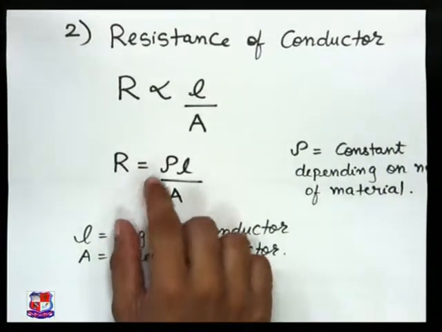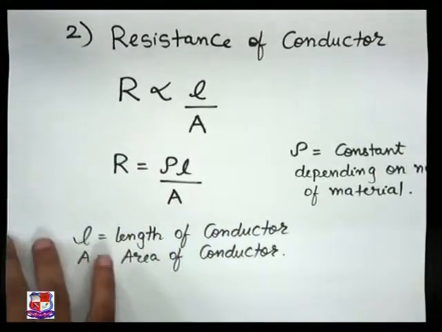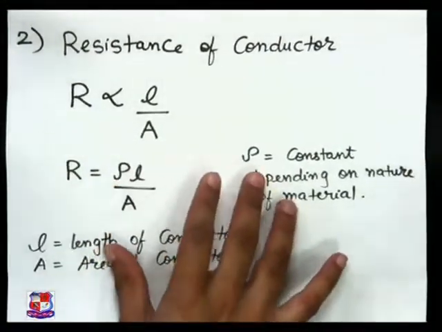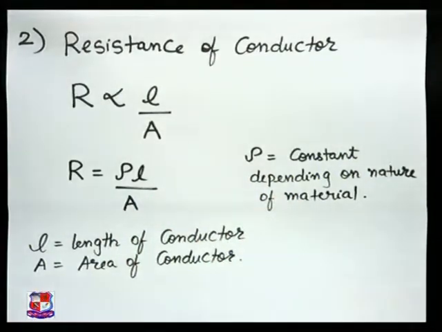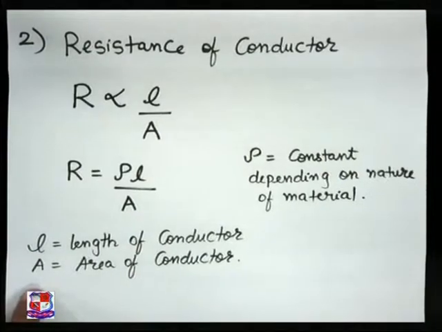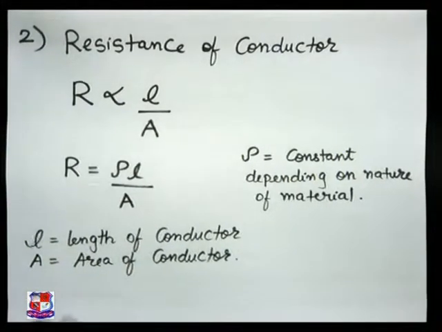I will put a constant, that is rho. This rho is a constant that depends on the nature of the material you are choosing. L is the length of the conductor and A is the area of cross section. That one has to remember.